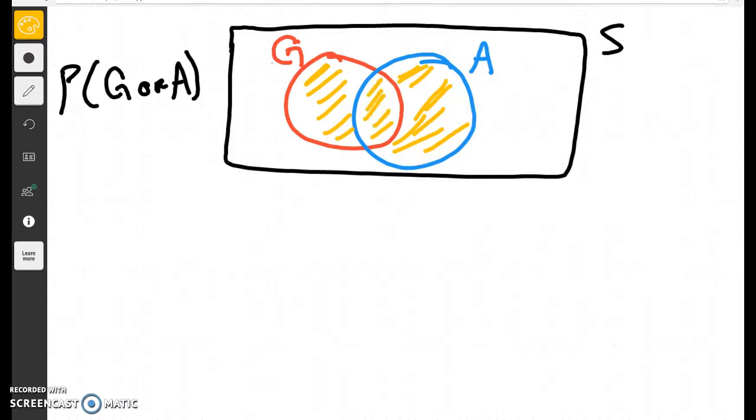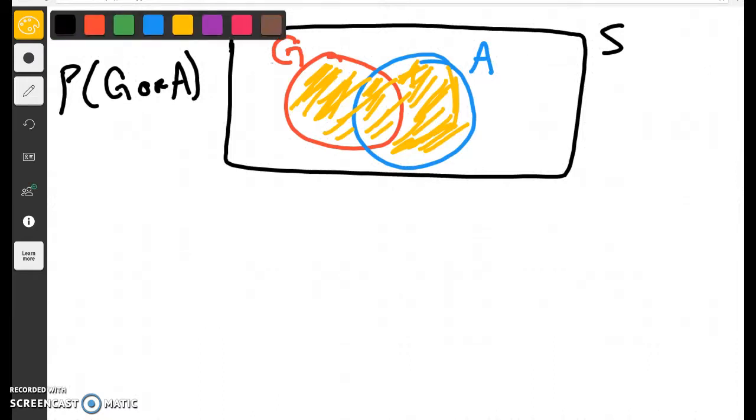Because that's what we said in the previous video: A or B is all of this. Everything that I'm shading, the yellow area, is what I want. So how am I going to find this?